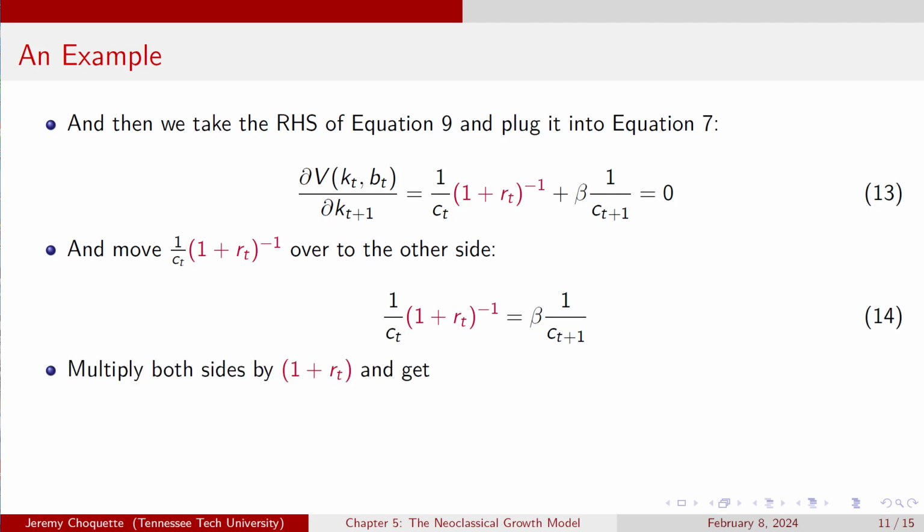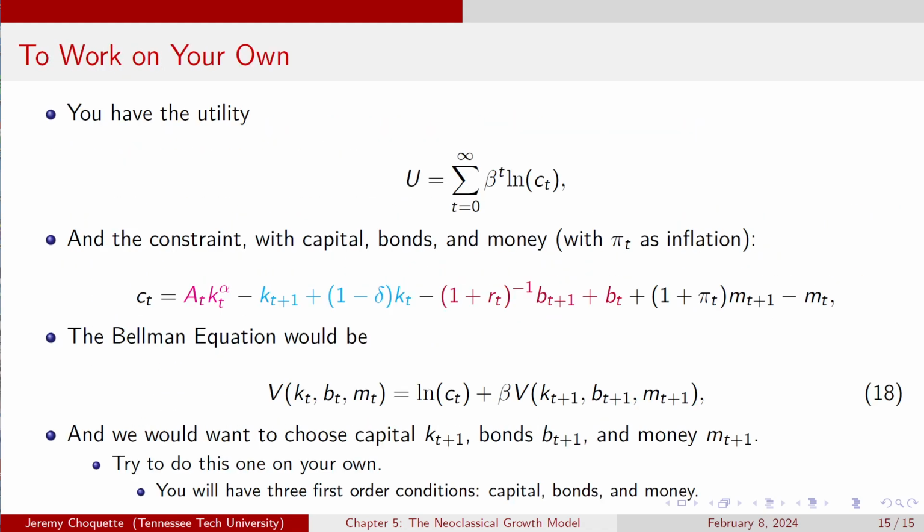And similarly, when we do have money in there as well, if the Euler equation for capital won't be any different, then the Euler equation for bonds, it stands to reason, wouldn't be any different either, because again, it's additively separable. So if the Euler equations for capital and bonds aren't going to be any different, then you've actually got 2/3 of the Euler equations that you need.